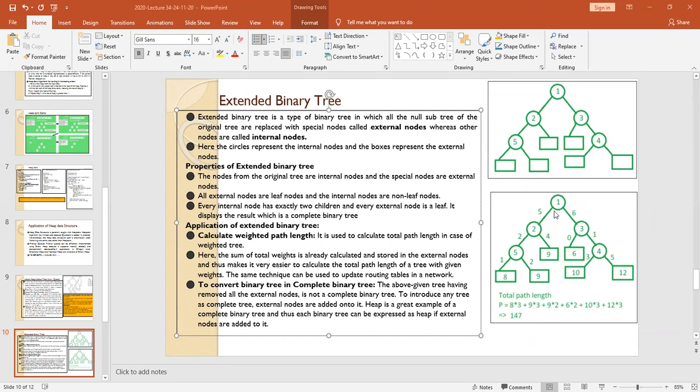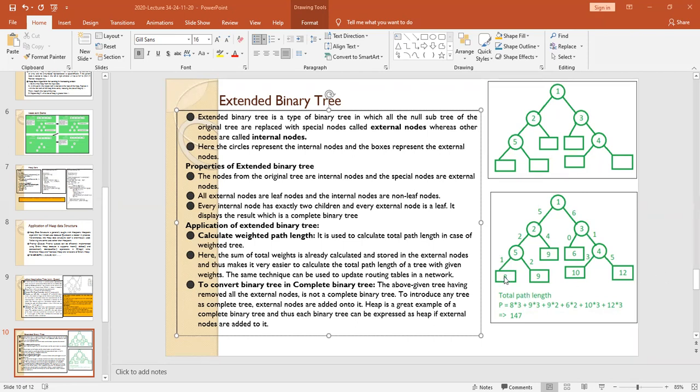Now you come for the level. 1 is at level 0, 2 and 3 are at level 1. Next 5, 9, 6, 4 are at level 2 and all these are at level 3. So root starts at level 0, 2 and 3 are at 1, this one is at 2, this one is at 3.